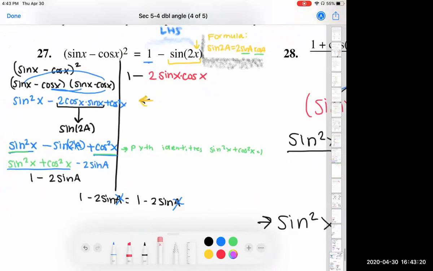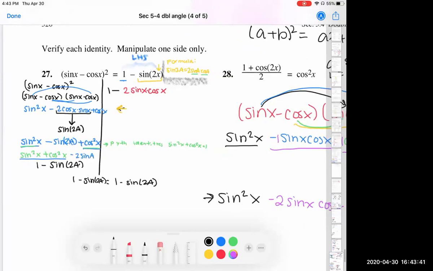Sine 2 of A is very different from 2 sine A. So I made a mistake there in the writing. So that is sine 2A. Yeah, thank you for catching that. That's very, very different. You're very right. They're not the same thing.